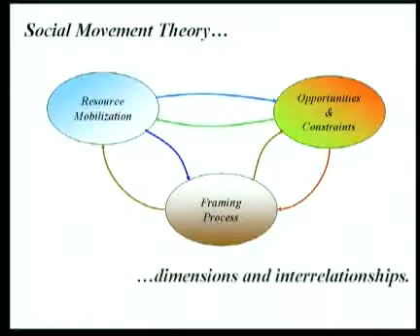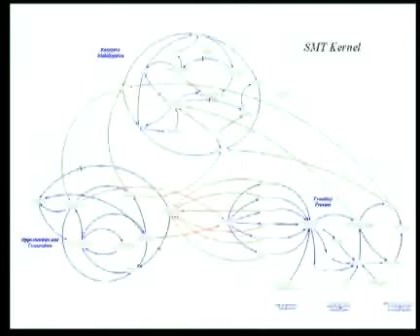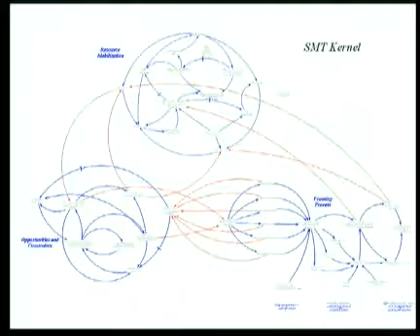Now we've got to somehow also recognize that those things couple, as shown here. And this is a start at the coupling that's shown in the red. The red arrows show the connections between and among those domain elements: resource mobilization, opportunities and constraints, and the framing process. Again, this is not unique, but it's at least a start at what I'm calling here the social movement theory kernel.